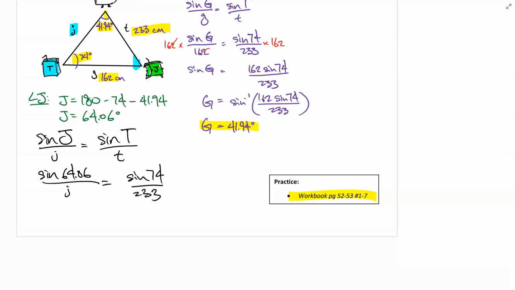And then when you do your cross multiplying, you would get j sine 74 is equal to 233 times sine 64.06. Divide both sides by sine 74 so we can get j.